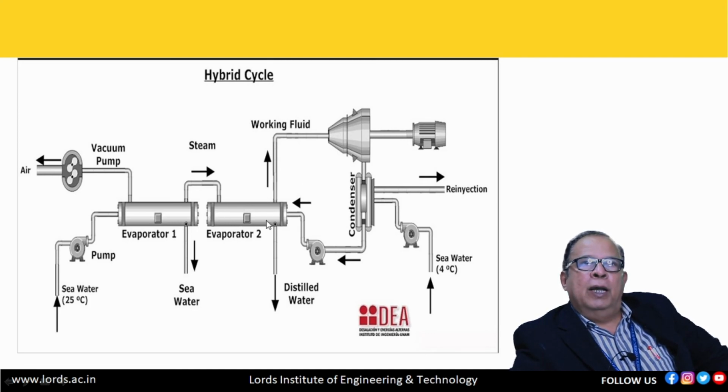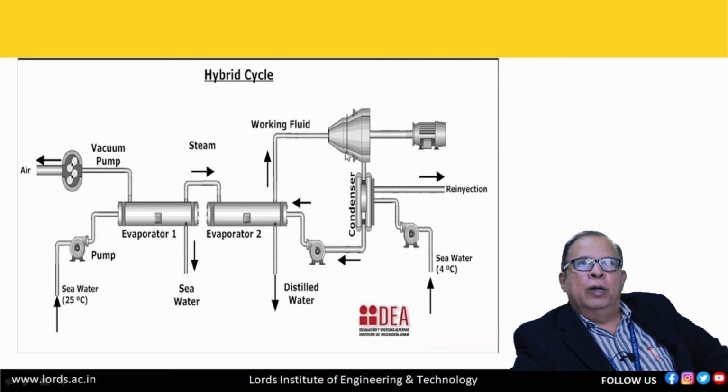As I told you, an evaporator is nothing but a heat exchanger. Heat exchange between the steam and the working fluid ammonia will take place, and then the working fluid will vaporize and be directed to the turbine, where it rotates the turbine, and this turbine is connected to the generator to generate electrical power.